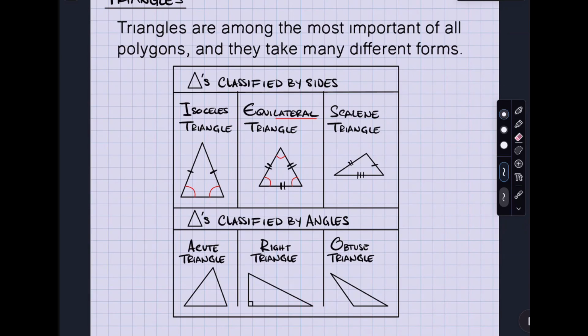A scalene is all 3 sides are all different, right? And then by angles, it's talking about an acute triangle, which means all 3 angles are less than 90. The right triangle means one of the angles is 90 degrees, and the obtuse means there's one angle that is larger than 90 degrees. Okay.